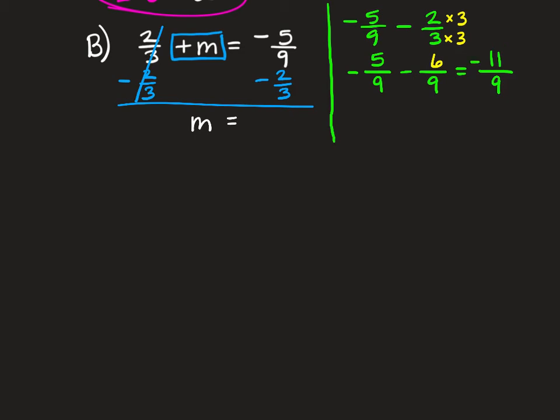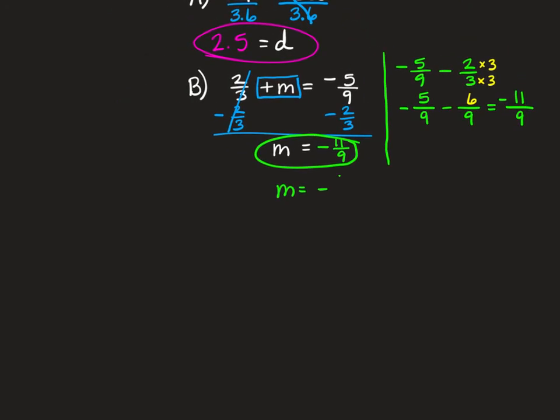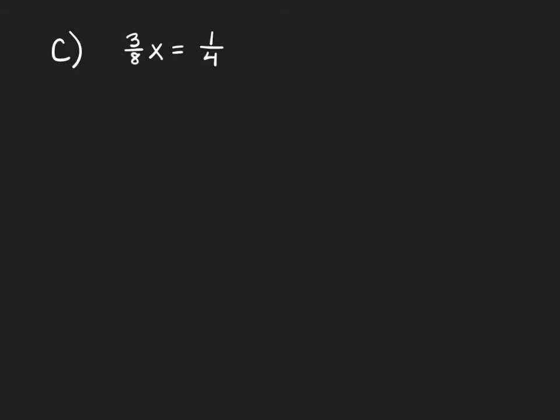So we end up with m equals negative 11/9. And we could have rewritten that as m equal negative 1 2/9. Either answer is acceptable.